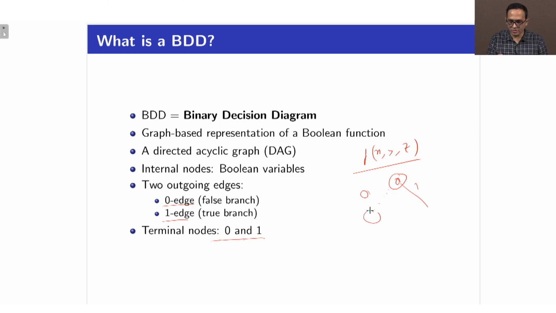Let us say I put y here, and again I will have a 0 and 1 edge, and let us say I put z here, again with a 0 edge and a 1 edge. The 0 edge is usually drawn with a dot, and these may reach 0 and 1 based on the functionality, right.